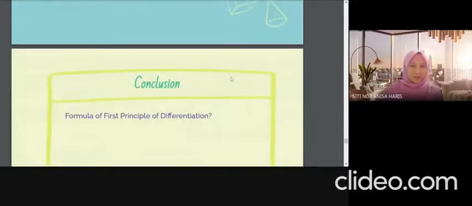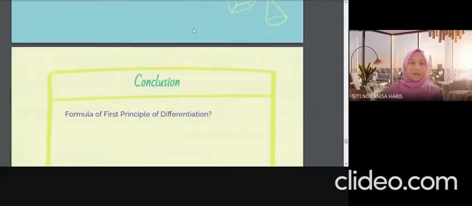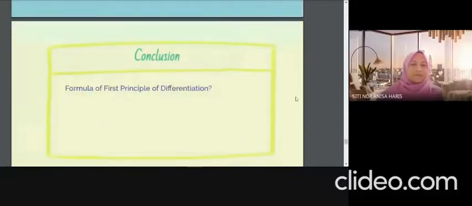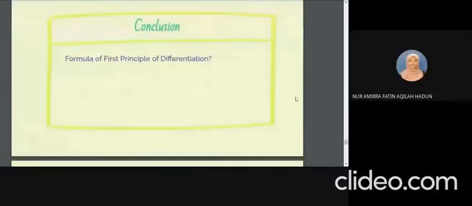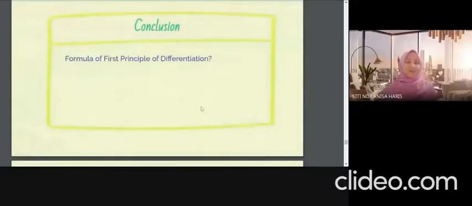For the conclusion, can I have someone answer this? What is the formula of the first principle of differentiation? Yes, you.